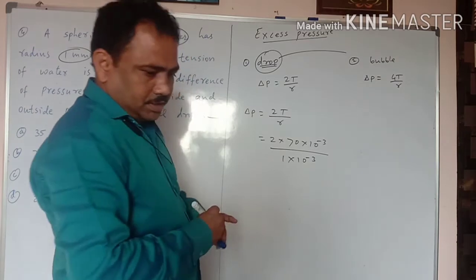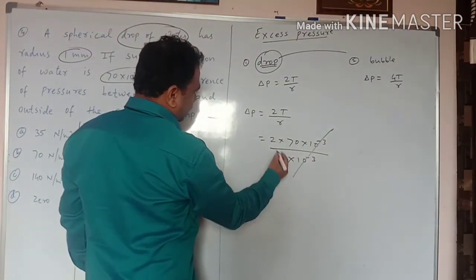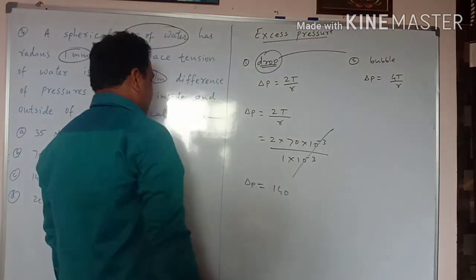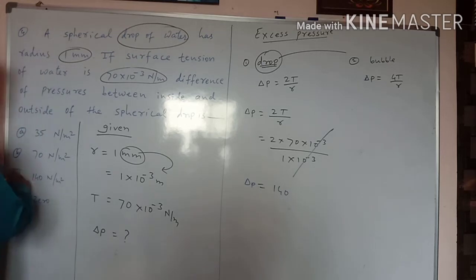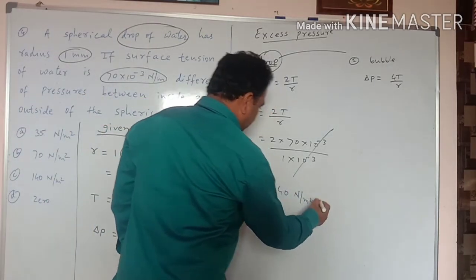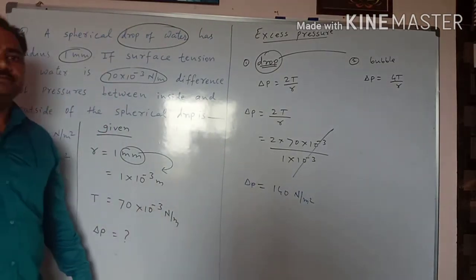So what about its calculation? The 10 to the power minus 3 will get cancelled, then the remaining term is 140, that is the difference in pressure between inside and outside, the excess pressure. So the excess pressure will be 140 Newton per meter square. So the correct option will be the third option. Got it?